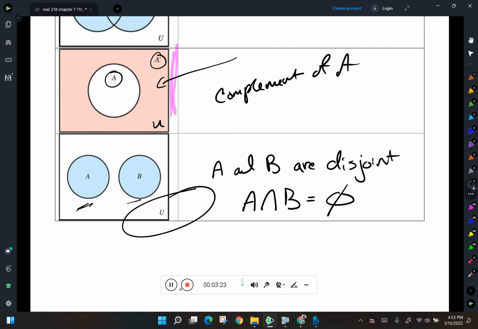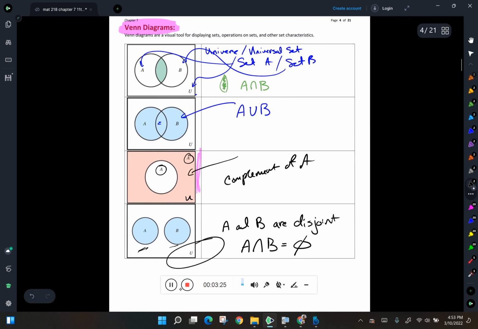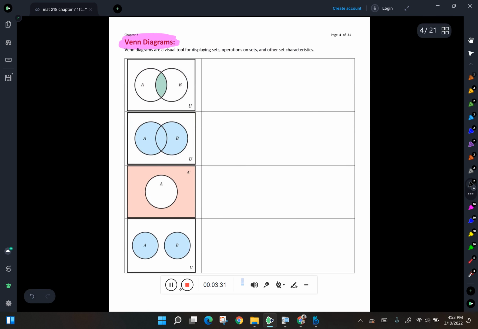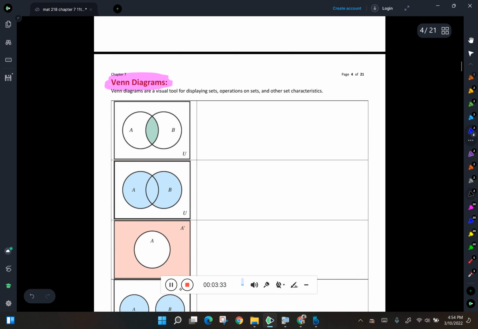All right, so let's erase some of these words, and let's take a look at what this would look like if I were to make up a problem for this. So really quickly, let's say that the universe is the set 1, 2, 3, 4, 5, 6. Let's say that set A is the set 1, 3, 6.